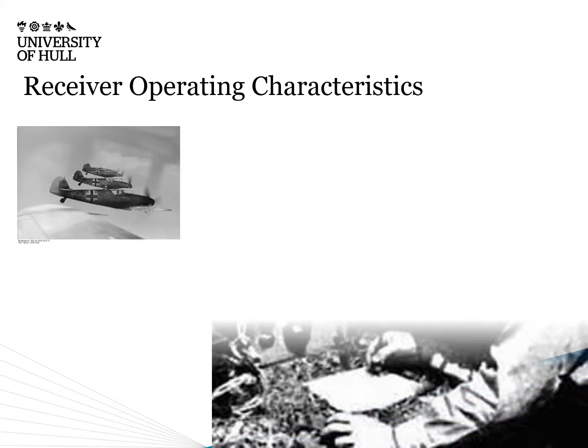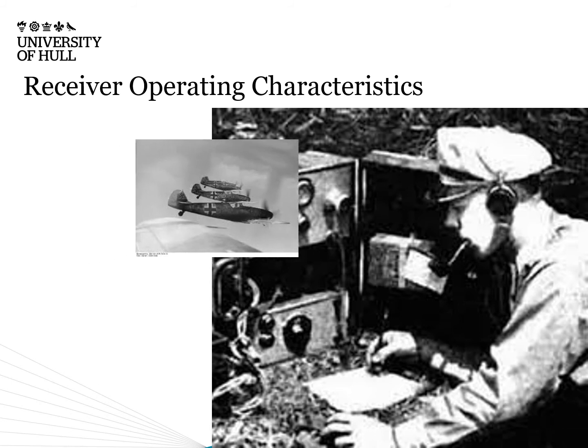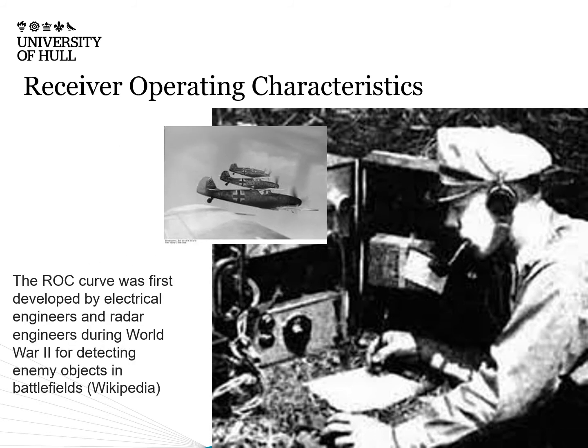Well, they were developed during the Second World War so that radar engineers could detect incoming planes or tanks or whatever objects on a battlefield. And they used them to decide the optimum levels of radar settings to find out the likelihood that they were going to be attacked or bombed.